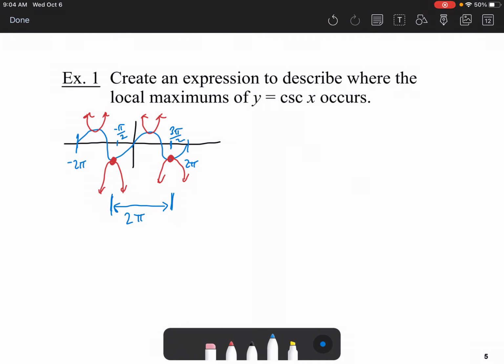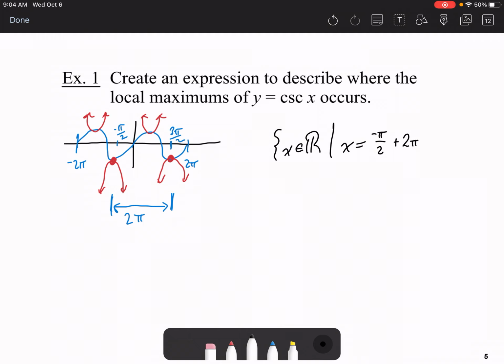So to describe a function to represent where the local maximums occur, first realize the x values are real numbers. Those x values can be described in the form of an arithmetic sequence. So we start with one of the starting values, one of the first local maximums, that occurs at negative pi over 2, and then we add multiples of 2 pi.